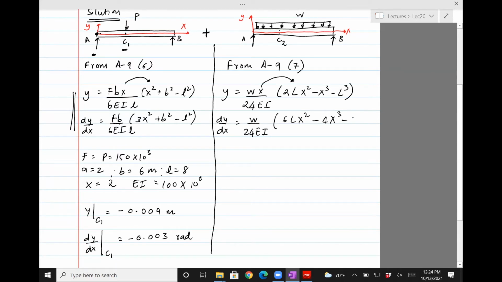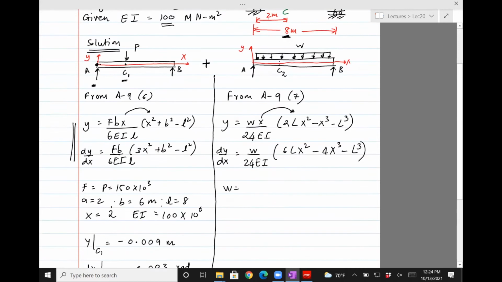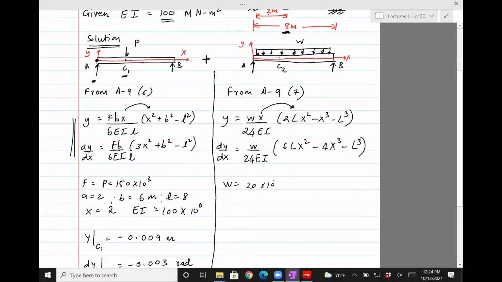The derivative of that is L cubed. Okay, what remains now is to sub in the values for the various constants. So here we have W, which is 20 times 10 raised to 3.